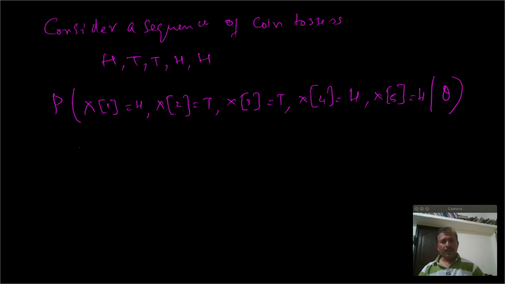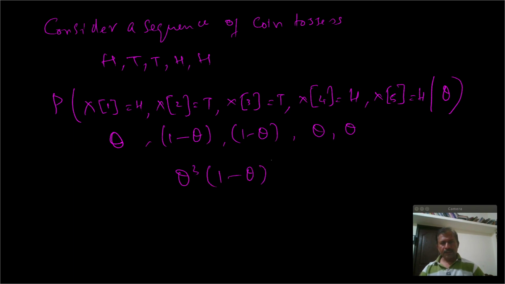So the probability of getting a head is theta, and that of a tail is 1 minus theta. This is also 1 minus theta. This is theta, and this is theta. So basically I have theta cubed multiplied by 1 minus theta squared, right?